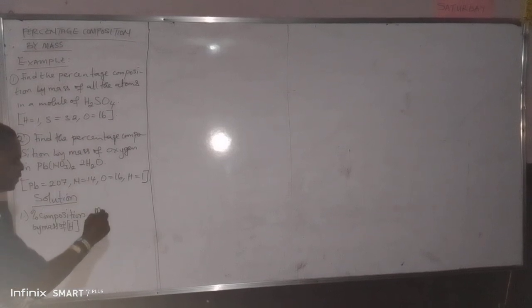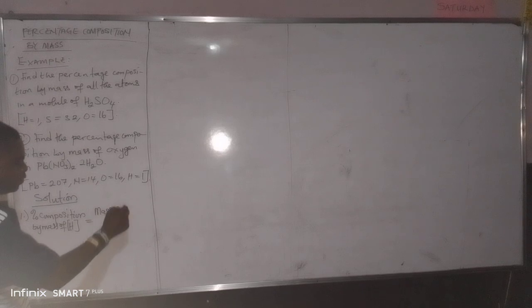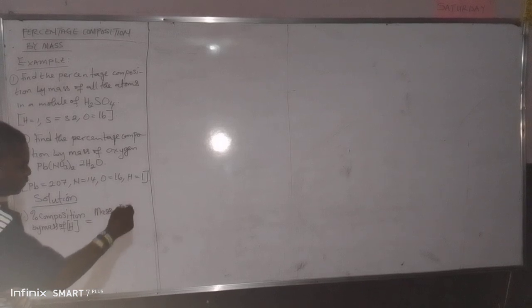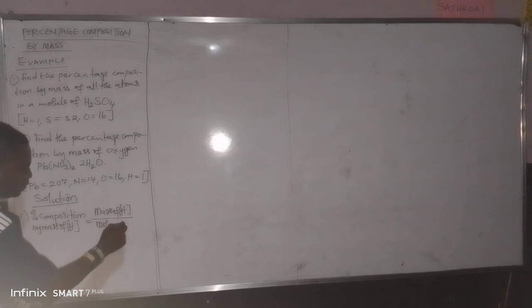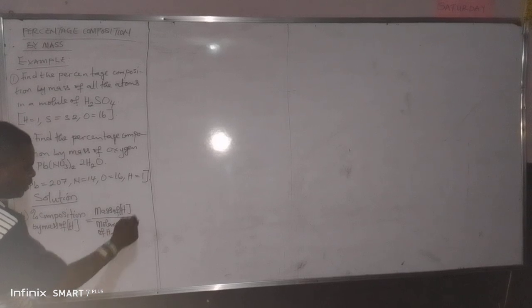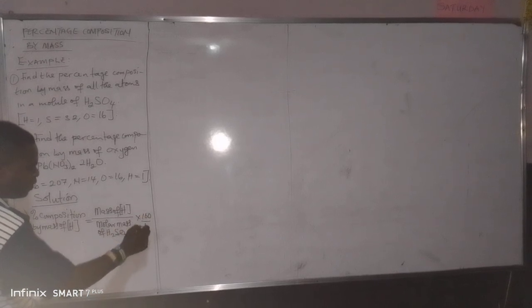The mass of hydrogen over molar mass of the compound containing what? H2SO4, everything times 100 over 1.